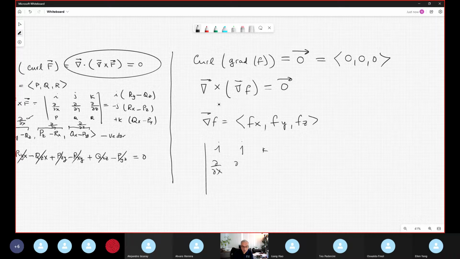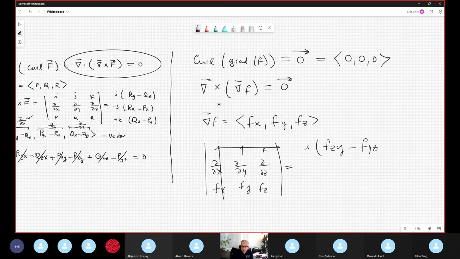The components of this vector field are f_x, f_y, and f_z. The i component is the partial derivative f_zy, because you differentiate in the gradient part with respect to z, and now you differentiate with respect to y, minus f_yz.